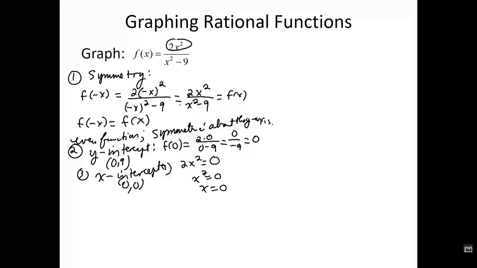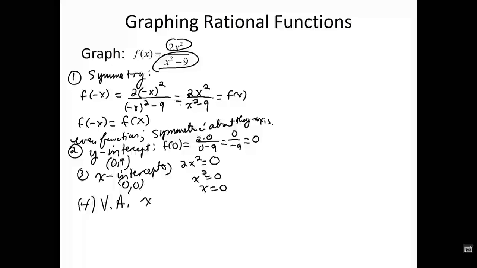And now, let's check for the vertical asymptotes. In order to find the vertical asymptote, what do we want? Well, the vertical asymptote is when the polynomial function in the denominator is equal to 0.